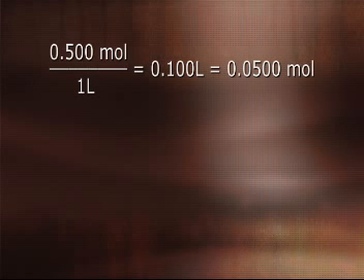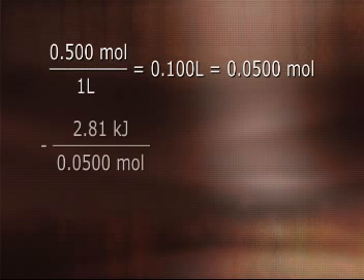The number of moles of both hydrochloric acid and sodium hydroxide in 1.00 times 10 to the power of 2 milliliters of solution is equal to 0.0500 moles.